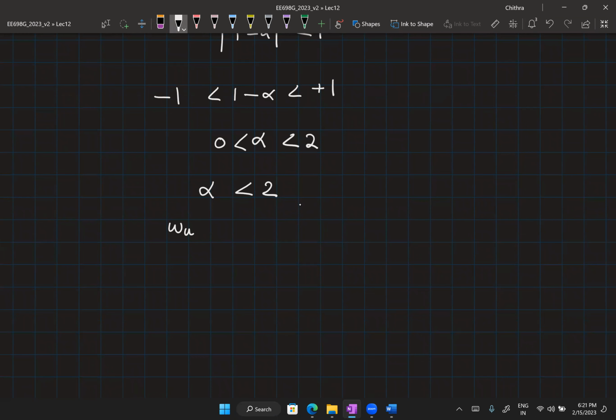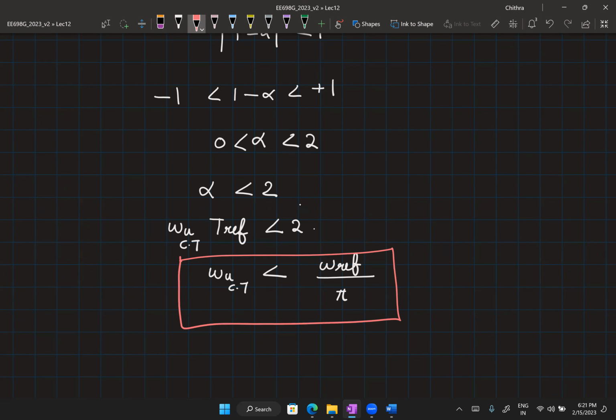So I can simply write it as omega u, CT to remind you that it is from the continuous time derivation, into T ref is lesser than 2, which means omega u should be lesser than 2 by T ref or 2 into F ref, which is twice omega ref by 2 pi, or in other words, omega ref by pi. So this is actually a stability requirement. Your omega u should be smaller than omega ref by pi.